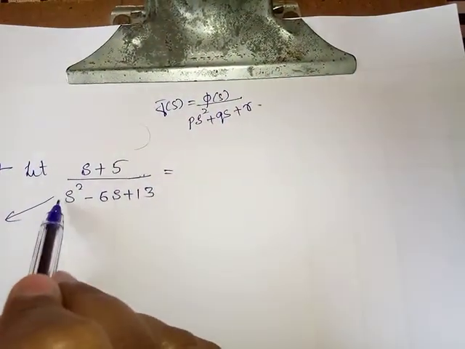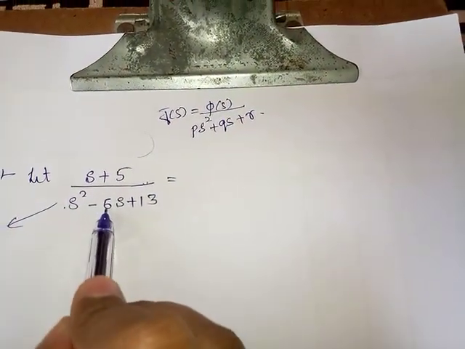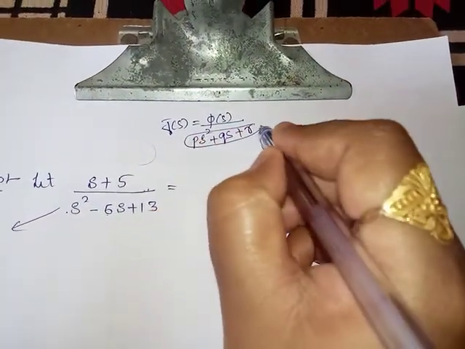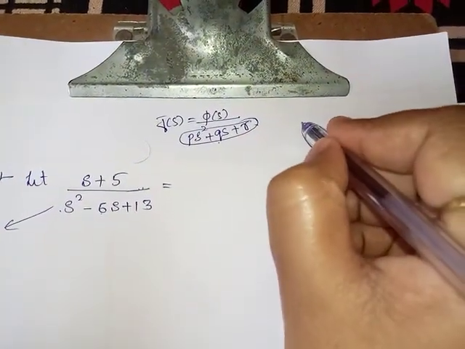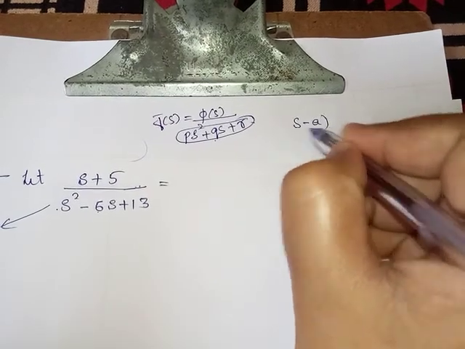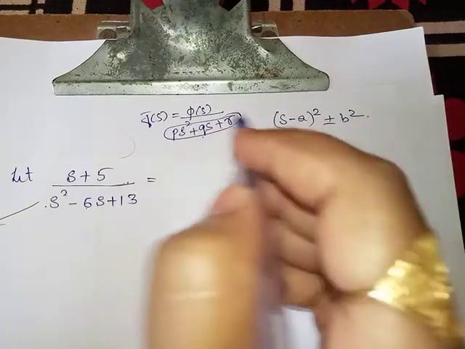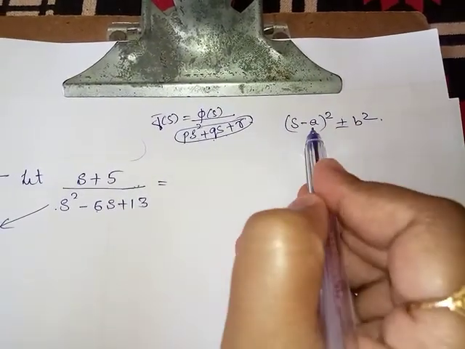See, here p value is 1, q value is 6 and r value is 13. Here we have to express this denominator term as s minus a whole square plus or minus b square. Now we have to convert this denominator term to this one.